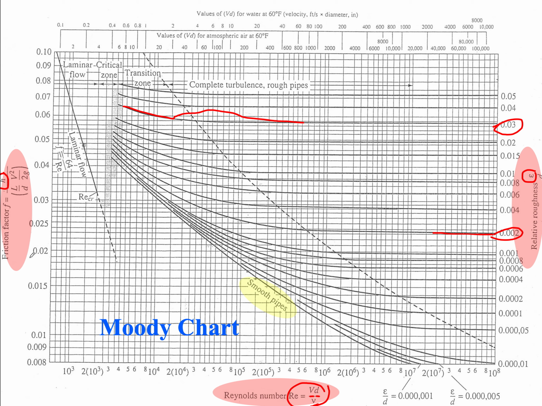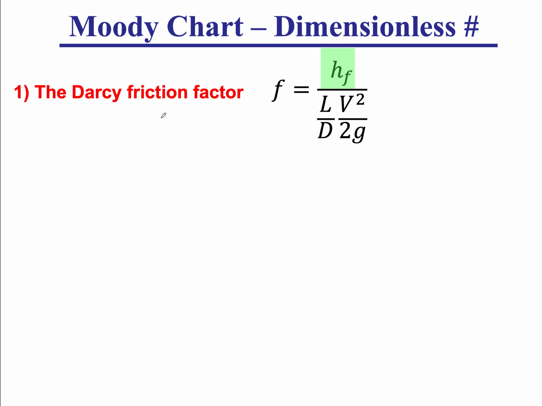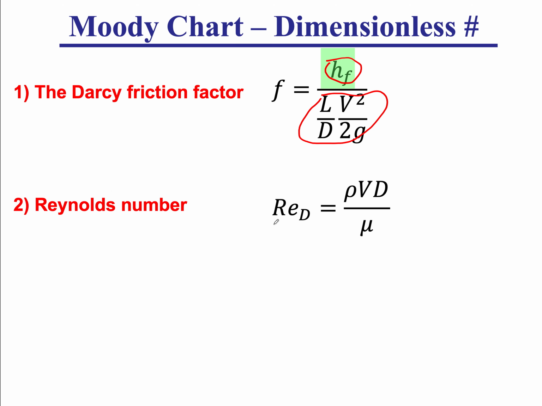Before we go there, in this chart we see actually three dimensionless numbers. Dimensionless numbers will be used a lot in this chapter. These dimensionless numbers are the Darcy friction factor, which is the HF, friction head loss, normalized by a dynamic head and some geometric effect. We have the Reynolds number, which we have seen before, and in this chapter we're going to write it as Re_D, so it's based on the pipe diameter.